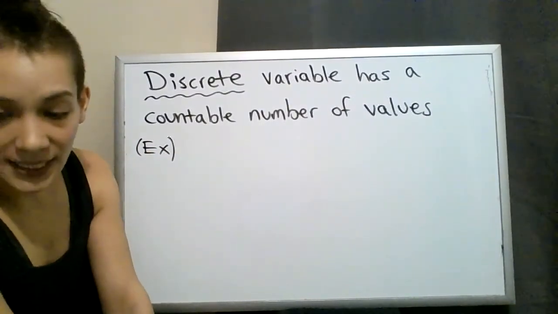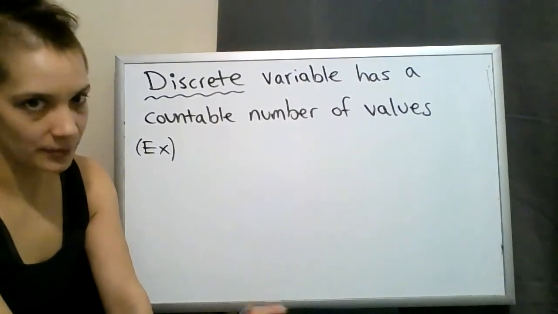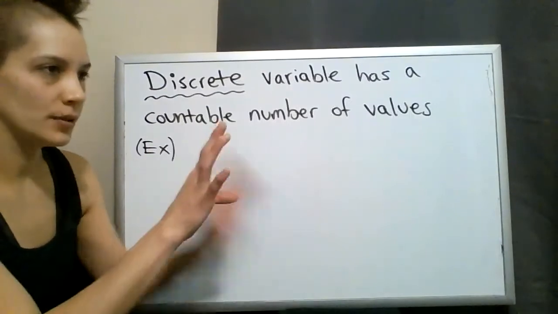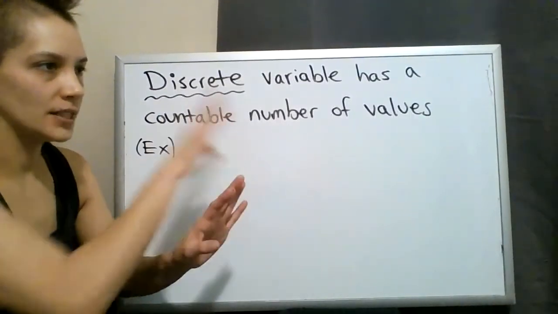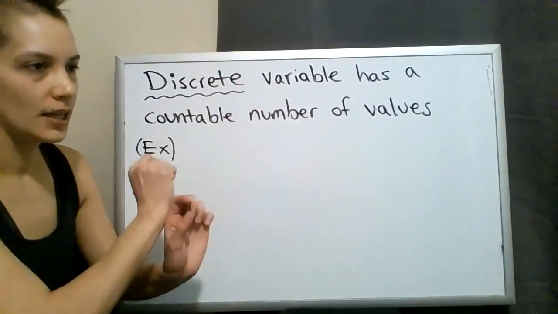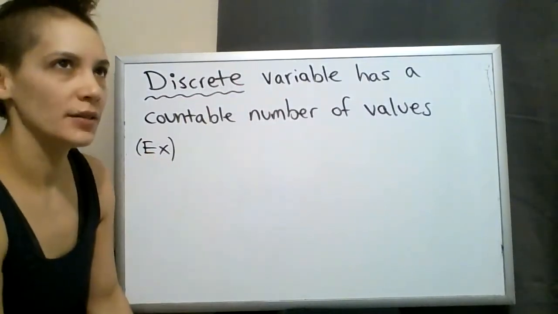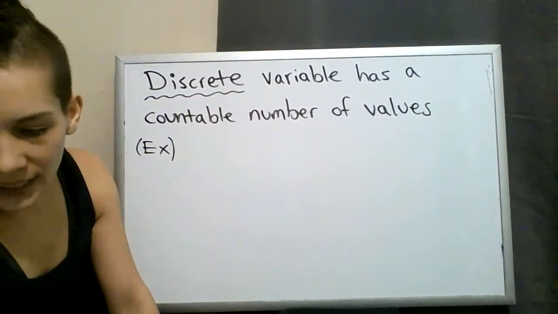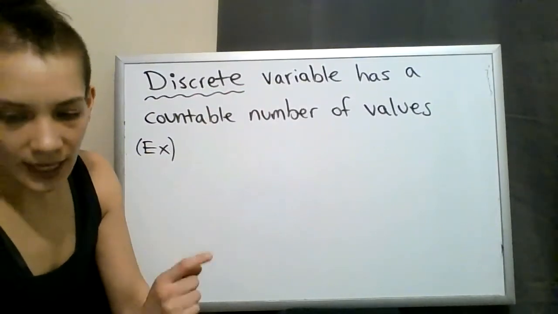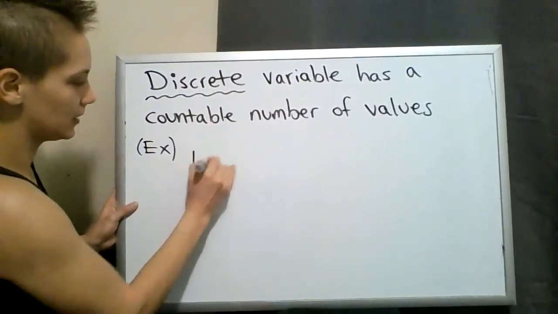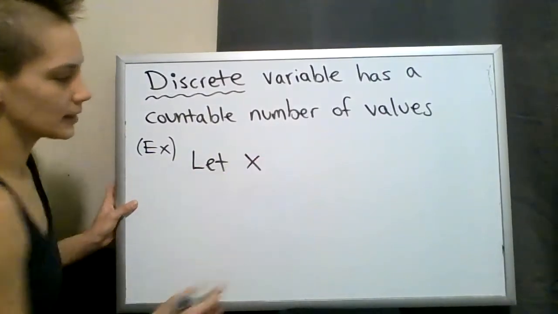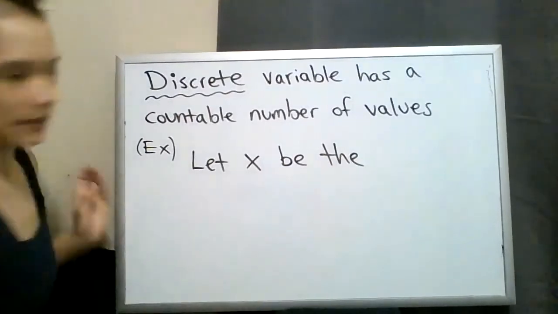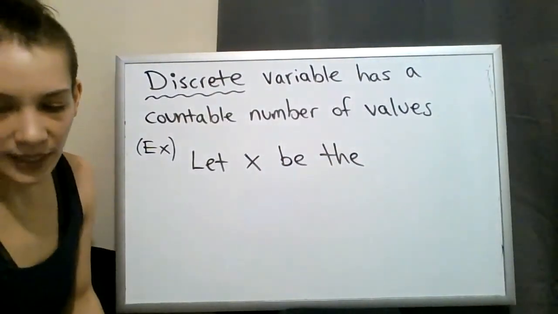So let x be, and x is your variable, so some symbol that represents a characteristic, and that symbol can be all the different possible values of some characteristic we're looking at. So this time it's the face on a die. The number we obtained when rolling a die.